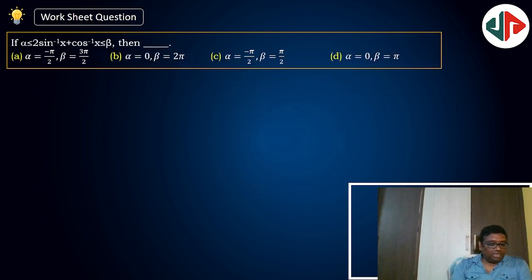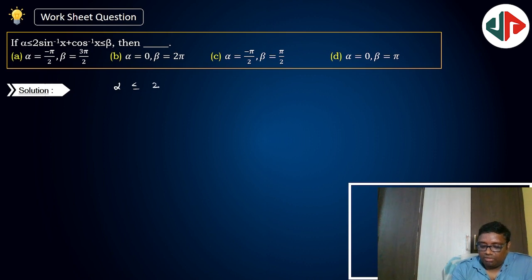Alpha less than or equal to 2 times of sine inverse of x plus cos inverse of x, less than or equal to beta. What are the possible values of alpha and beta? So what is given here? Alpha less than or equal to 2 times sine inverse of x plus cos inverse of x, less than or equal to beta.